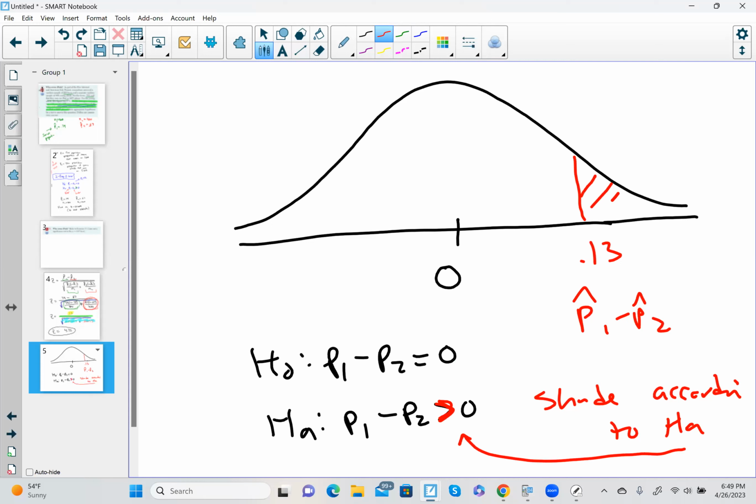So you're going to shade above like this. Okay. And we just need this area. So that's going to require that we go to the chart. Don't forget the z-score. The z-score here was z equals 4.72. That's what we got for z.